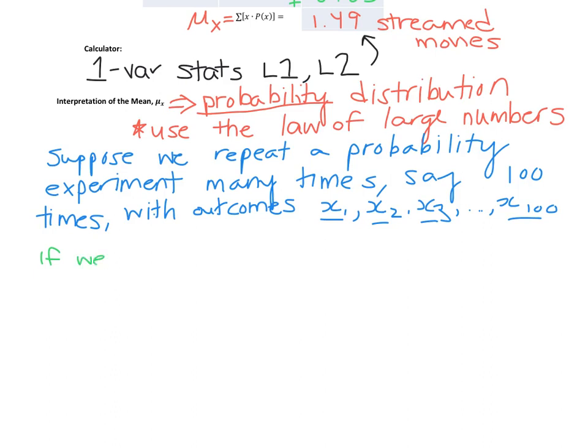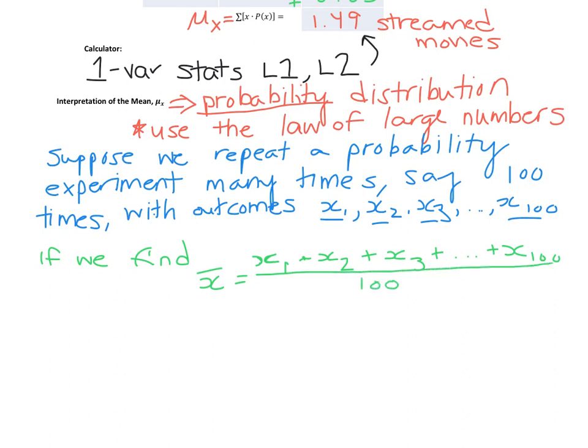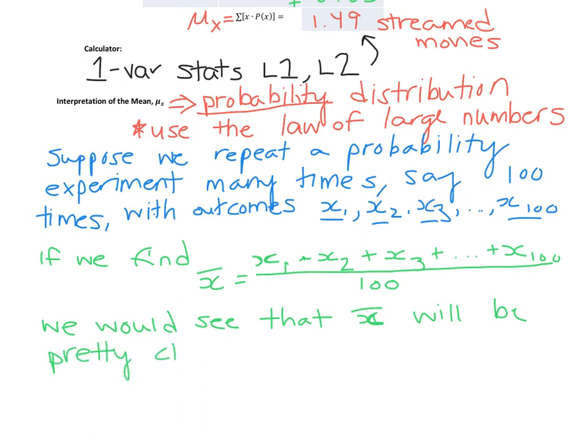If we calculate x bar from that sample, so we add up all of the values of our discrete random variable and divide by the total number of experiments, we would find that x bar will be pretty close to the theoretical value, which is mu sub x.